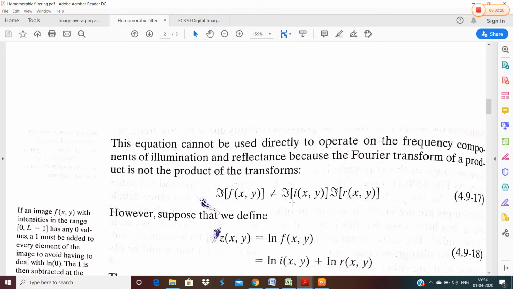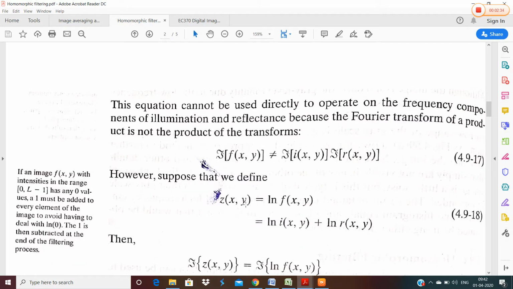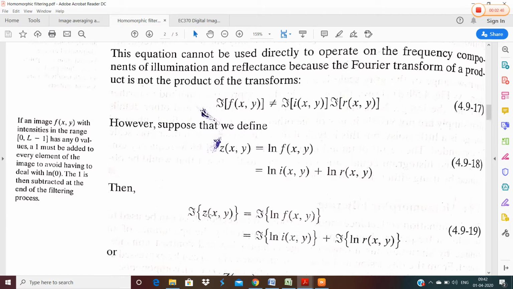So instead of expressing this as a product of two terms, you express it as the sum of two terms. For that you take the natural logarithm of f, which is called z. So it will be ln of i plus ln of r. Now you apply the Fourier transform of z, so that it is the Fourier transform of this component plus the Fourier transform of this component, written over here.